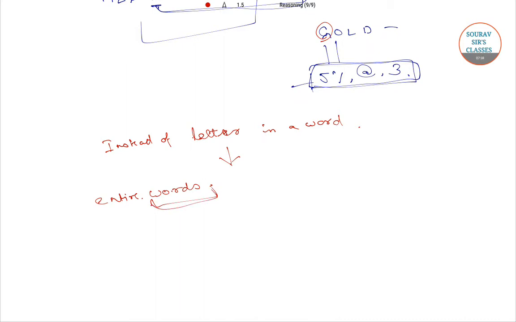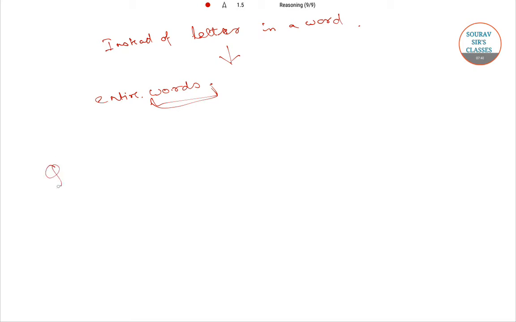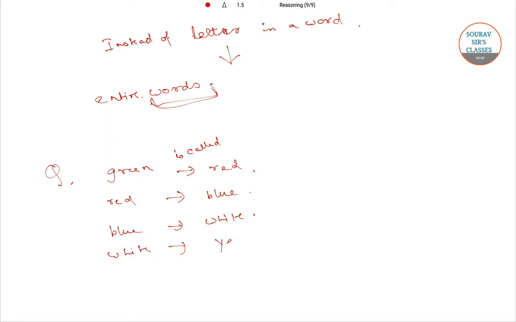For example, suppose we have a question like, if green is called red, red is called blue, blue is called white, white is called yellow, and yellow is called violet.